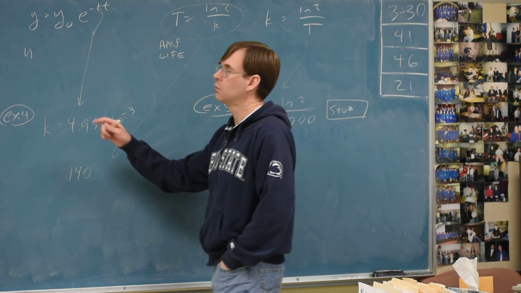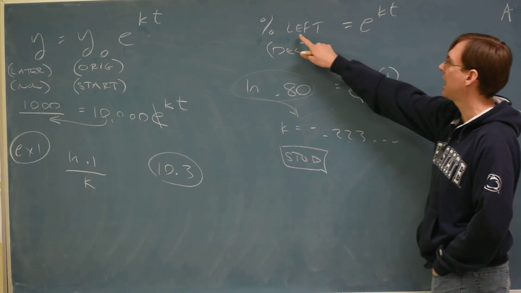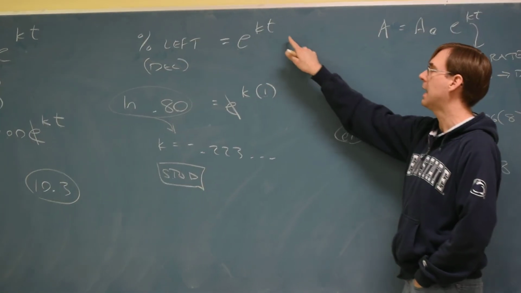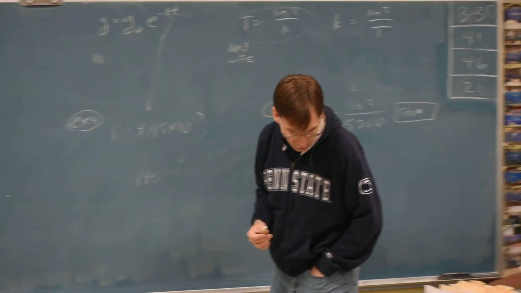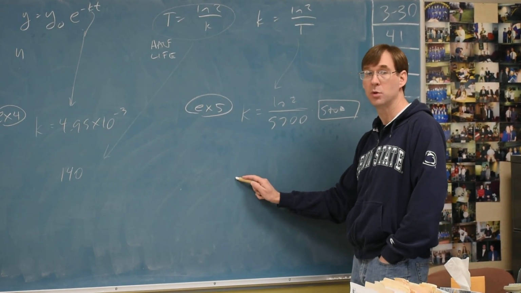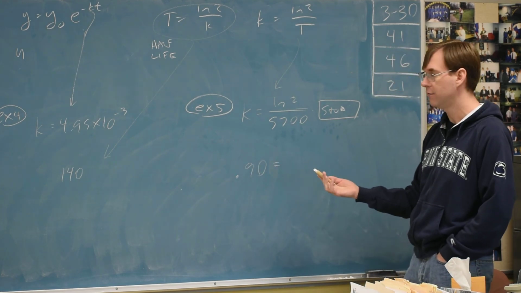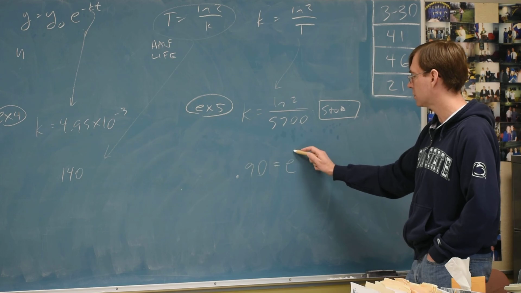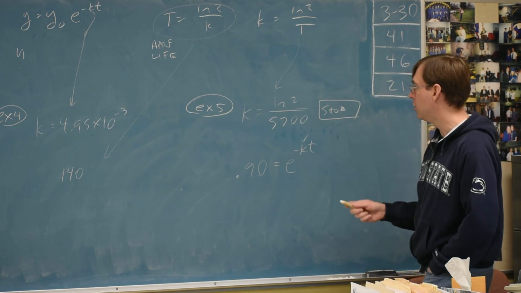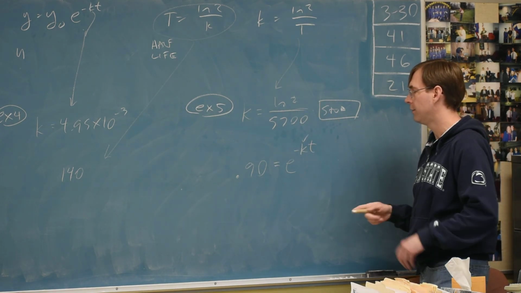I'm going to go back to our percentage equation from way back. Anytime there's a percentage, use the percentage that's left to equal e to the kt. In this story, they say 10% of this stuff decayed, so that means 90% remains. So we'd go 0.90, or 0.9 if you prefer, equals e to the negative kt, where k is known. K is what we just stored when we did ln of 2 divided by 5700.